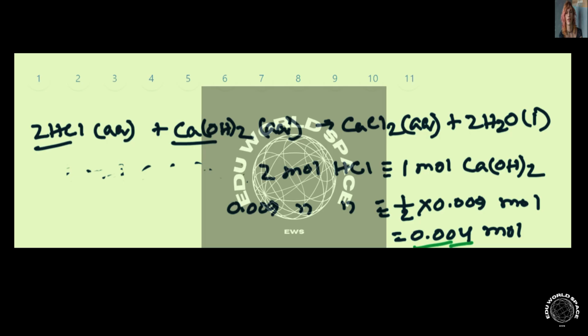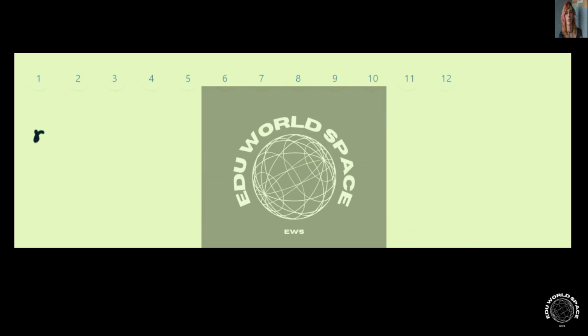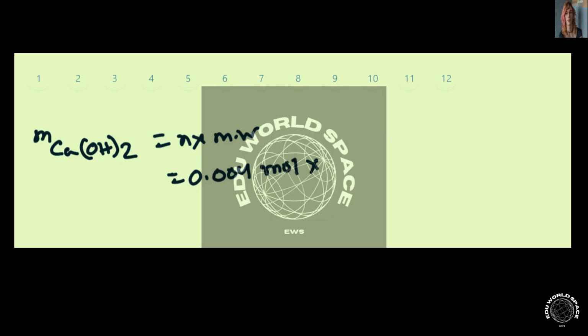Now from here we can find the mass of calcium hydroxide. So mass of calcium hydroxide will be the number of moles times the molecular weight. So the number of mole is 0.004 mole times the molar mass or molecular weight of calcium hydroxide, which is 74 gram per mole.